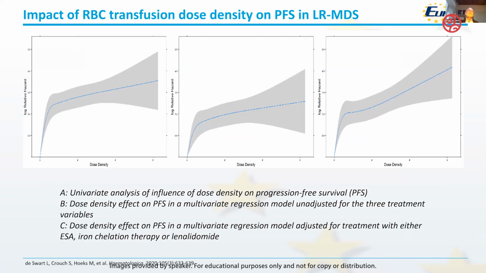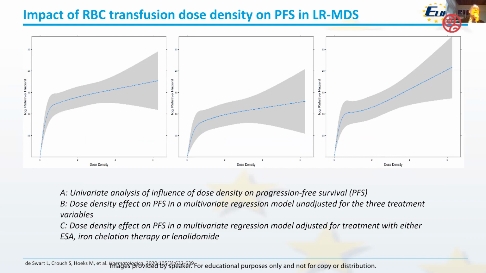What you see here is the impact of red blood cell transfusions on outcome in the patients. We have defined red blood cell transfusions as dose density, as you may have seen in the publication on this topic, and we looked at the impact of dose density on progression-free survival.